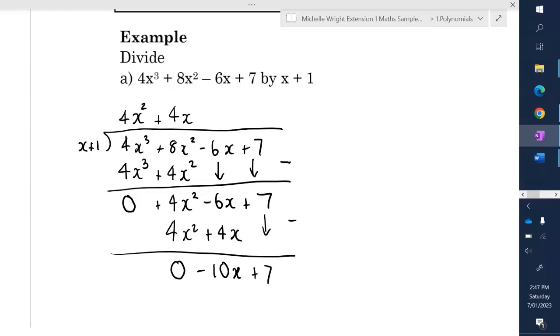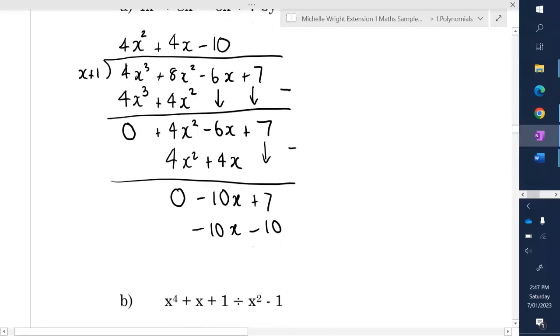Okay, can we do it again? We can. This polynomial that we're dividing by is smaller than this here, so we can go another step. x goes into minus 10x how many times? Minus 10. Because minus 10 times x will give me minus 10x. Minus 10 times 1 will give me minus 10.